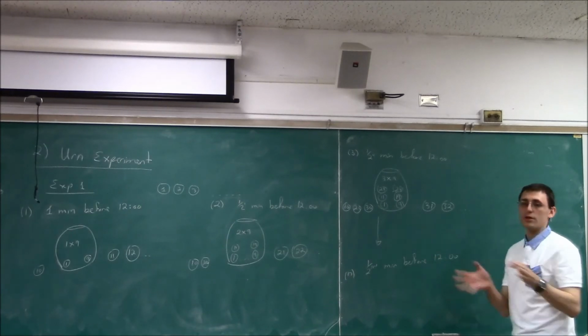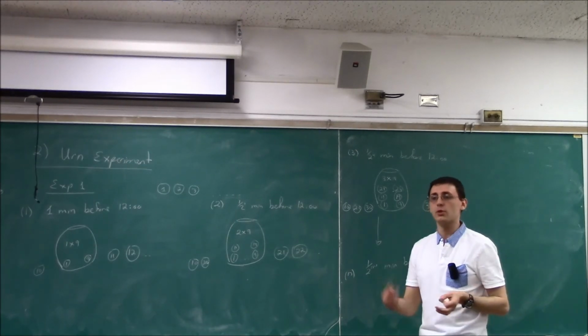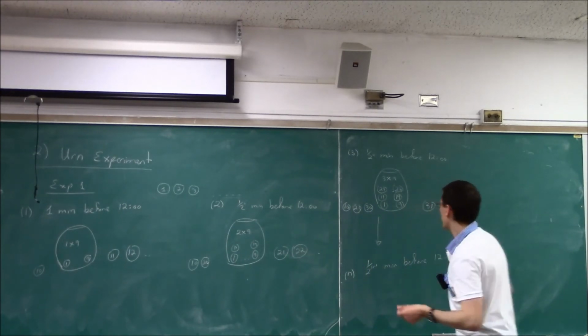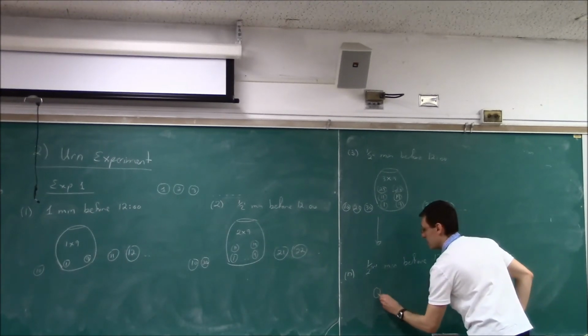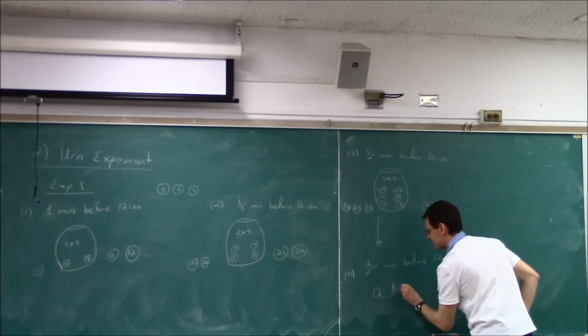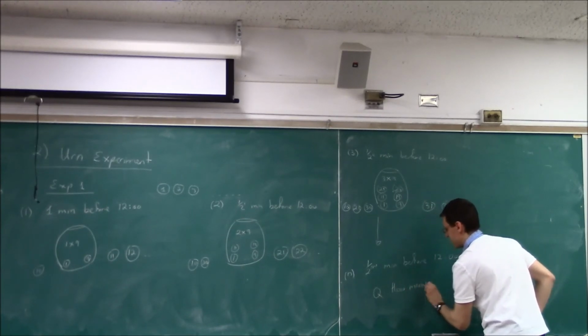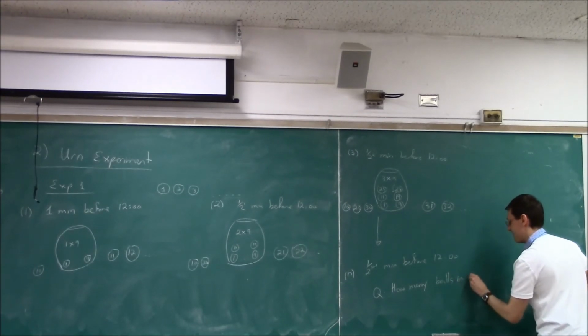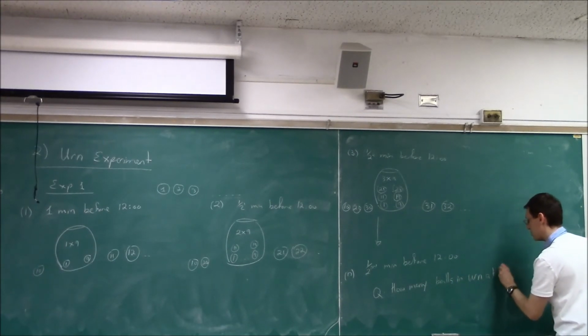What you do is you insert the next batch of 10 and remove the ball whose number is divisible by 10. My question is, if you understand this, how many balls are in the urn at 12?